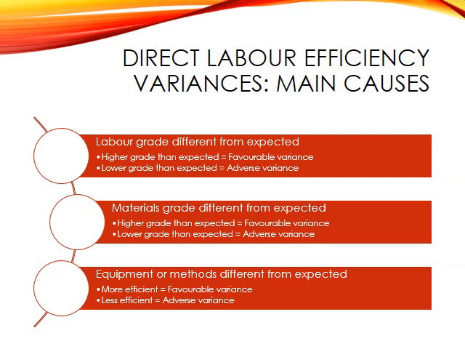A third cause of labour efficiency variances would be where equipment has changed or production methods have changed. If it's the case that our new equipment is more efficient than it was before, then likely as not we would see a favourable variance, as the labour would be able to produce products more quickly.